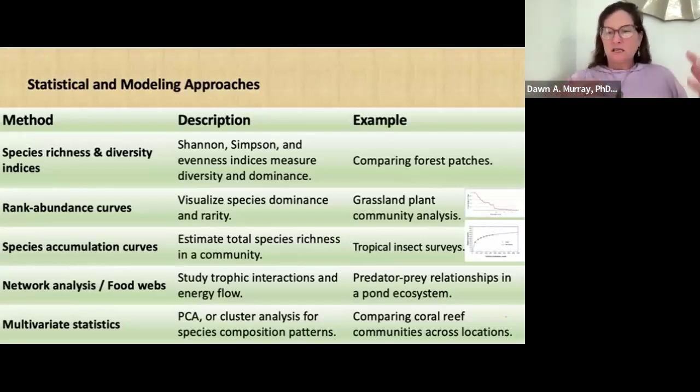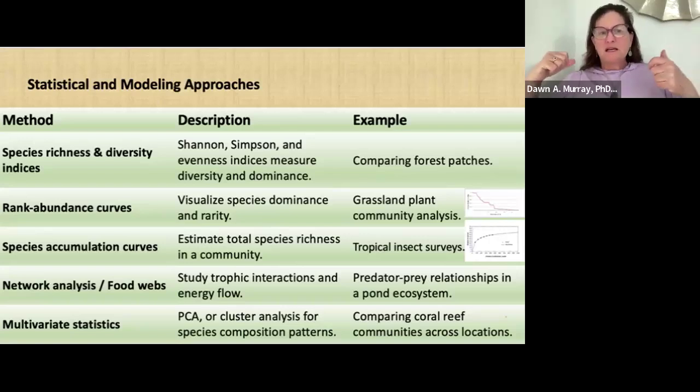There's a lot of theory behind these equations, but you can figure these out, and these are numbers based on the number of species and where you are and the amount of area you're looking at. The Simpson's index, for example, measures the probability that two individuals randomly selected from a community will belong to the same species. So it's more sensitive to a lack of evenness, and it's influenced by the dominant species.